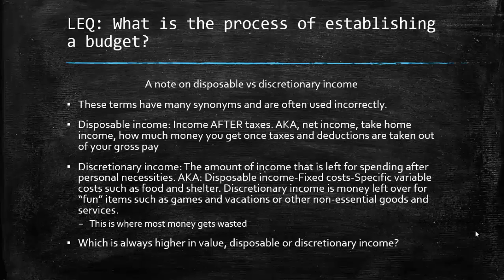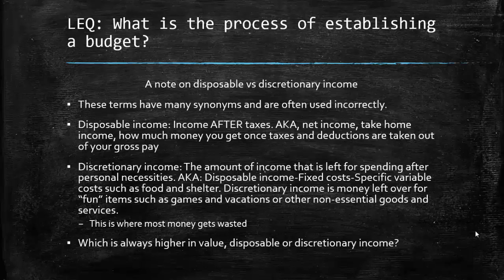Now, why so many people get confused on this word is because it's used with a lot of different synonyms. For example, disposable income is the same thing as net income, and a lot of people, and even in class, we refer to it as take-home pay or take-home income. So what I need you guys to know is that disposable income is income after taxes. Now, gross income is how much you get paid.